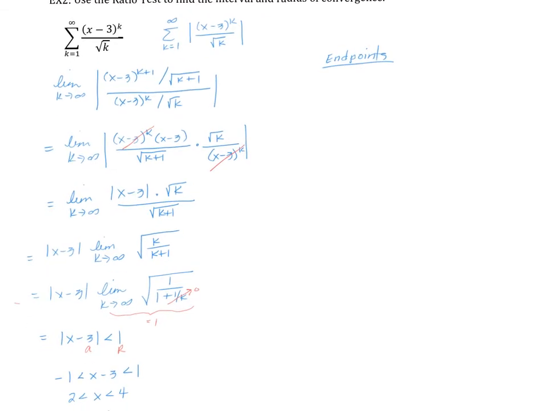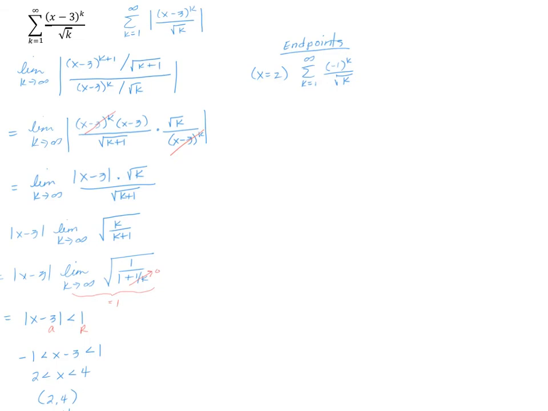I'm going to first start with x equal to 2. When x is equal to 2, this series from k equal to 1 to infinity becomes negative 1 to the k over the square root of k.